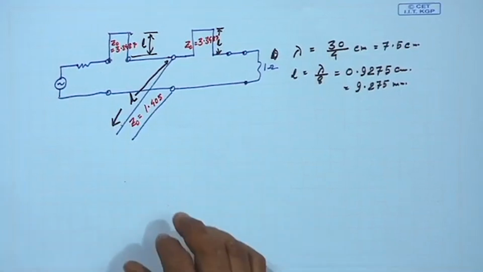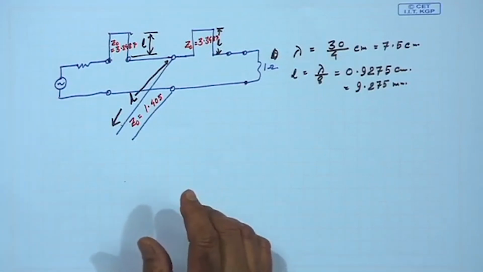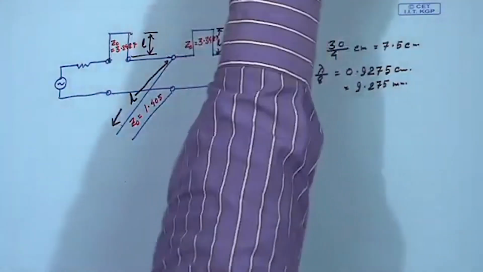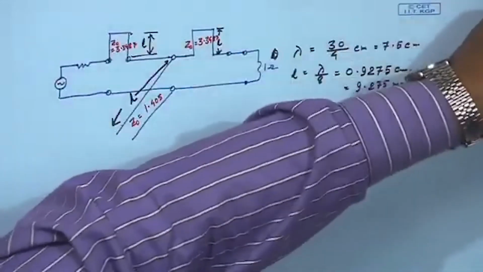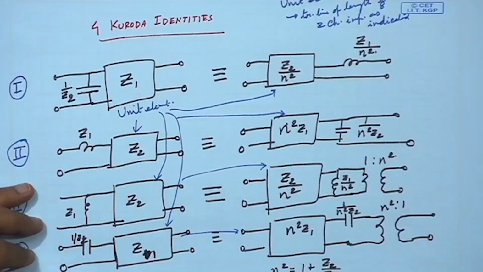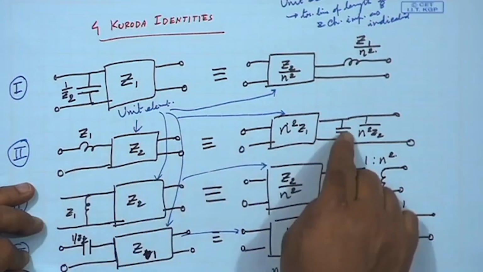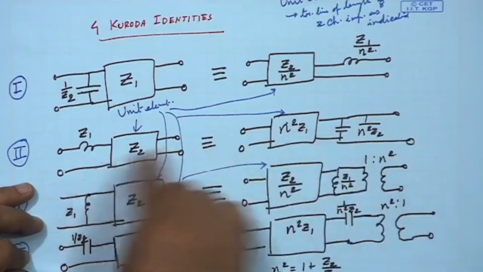So, if we want to do that, the series stub is where, in Kuroda's identity, I do not know whether I have notes. Yes, so see Kuroda's identities. Series stub I want to make a shunt stub. So, Kuroda's second identity I will use.